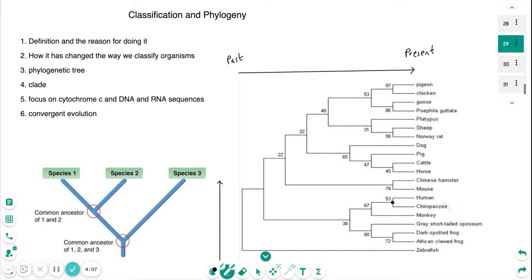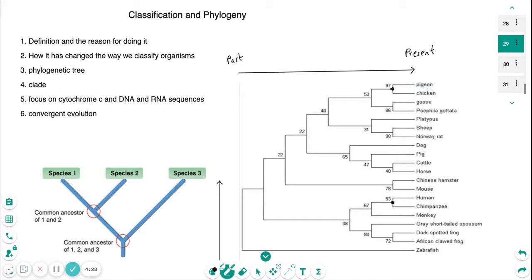So lots in common. So let's look at the pigeon and the chicken. They're very closely related because they share a common ancestor, which they don't share with anyone else. The pigeon has one common ancestor with the chicken. So they are very closely related.